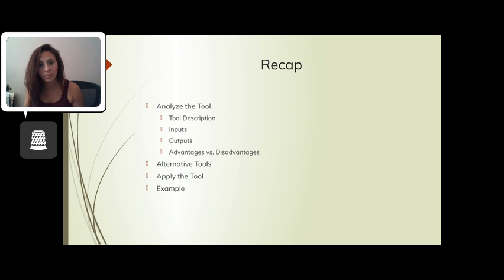We also went over the cancer example, so you could see where it was used and what their results looked like. The last piece was the example. We applied it to the Acme case study and walked through all 10 steps. So that should hopefully give you a good idea of how to use this tool and some other important tips and tidbits that will make it easier for you to use.